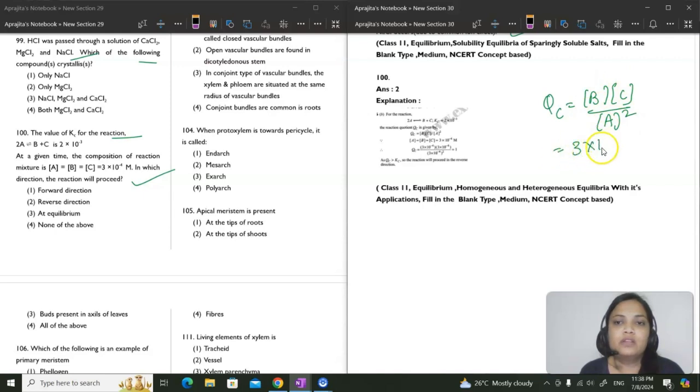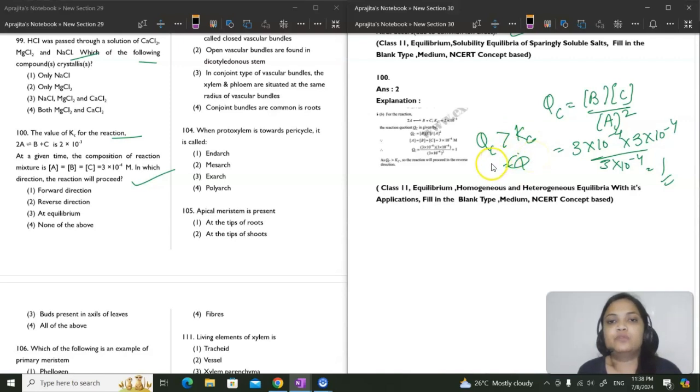Concentration is given as 3 into 10 to the power minus 4. So it's 1. Again here the value of Qc is greater than the equilibrium constant. So it means the reaction will proceed in the backward or reverse direction, meaning it will favor the formation of the reactants.